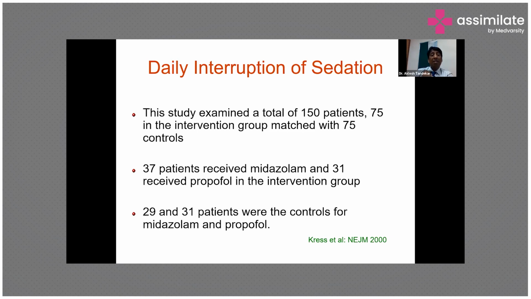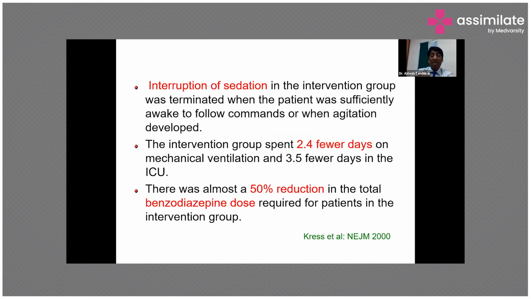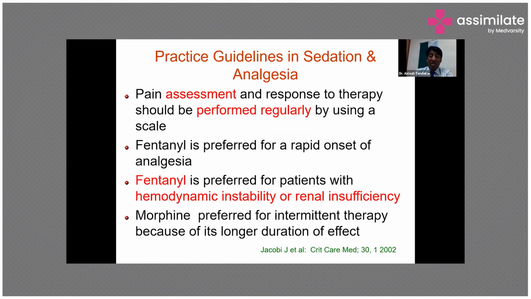Studies have shown that daily interruption of sedation has led to reduction in the hospital length of stay and overall expenditure, and morbidity and mortality also have been reduced, and neuromuscular dysfunction is also prevented. So we can reduce the length of stay by 2.4 days, and a 50% reduction in the dose requirement can also be achieved if you use the sedation score.